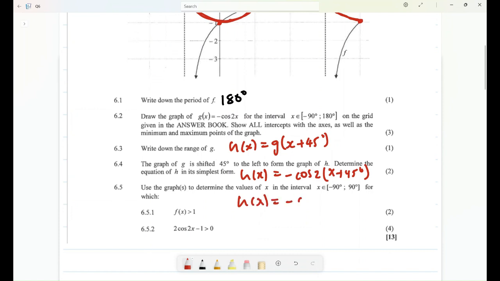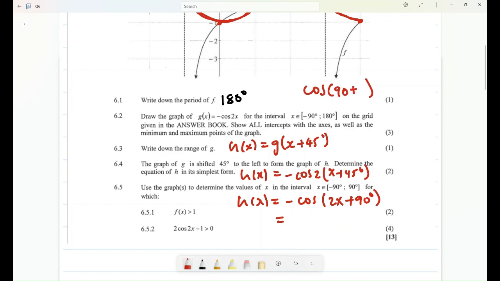h of x is equal to negative cos, when I multiply out, it is 2x plus 90. But can you remember what this is? This is the same as cos 90 plus x, because when you add, the order does not matter.